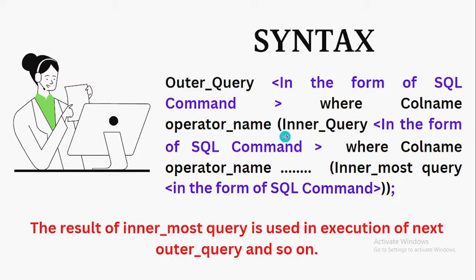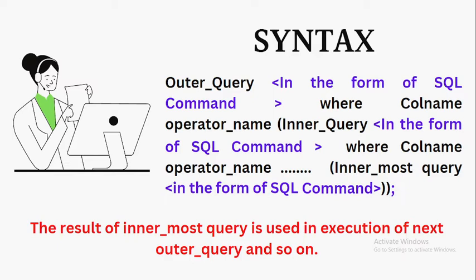Then in parenthesis, we are writing inner query, which should again be in the form of SQL command, where column name, operator name. Likewise, we can have n number of inner queries. So here this will be the innermost query, which will be again written inside the parenthesis. Again it should be written in the form of a SQL command, and we need to close the parenthesis and then the statement termination symbol, semicolon.